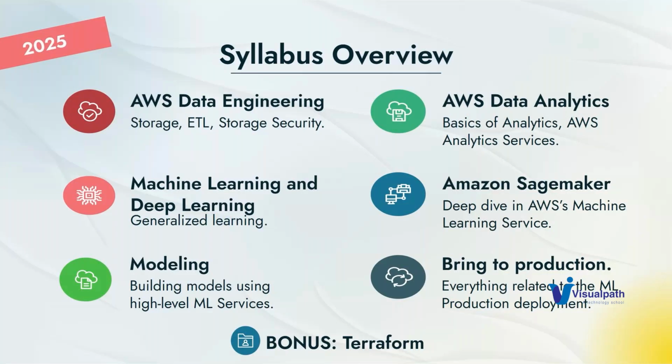And the last, but the most important one is how you basically bring these things into production. So once you already have a SageMaker notebook present, you have a set of, let's say, AWS data engineering, either lambdas, or you have S3 buckets that are being defined.